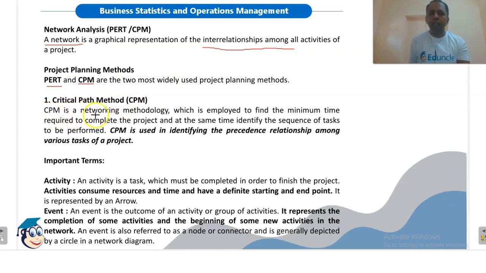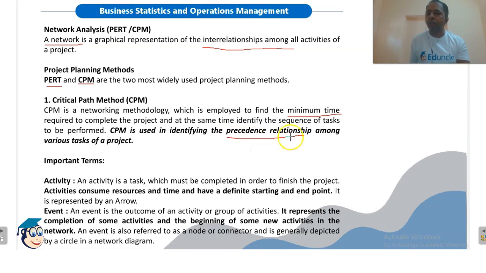CPM is a networking methodology which is employed to find the minimum time required to complete the project and at the same time identify the sequence of tasks to be performed. So what we are doing in critical path method, we are identifying the minimum time which is required to complete the project. CPM is used in identifying the precedence relationship among various tasks of a project.